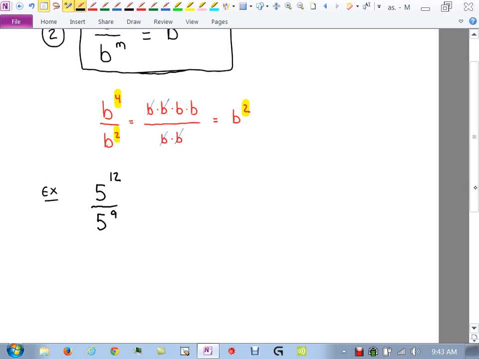So subtract, right? How do I subtract this? Because this does matter. Do I do 12 minus 9 or do I do 9 minus 12? 12 minus 9, which is 5 to the third power, which is 5 times 5 times 5, which is 125. That makes sense?